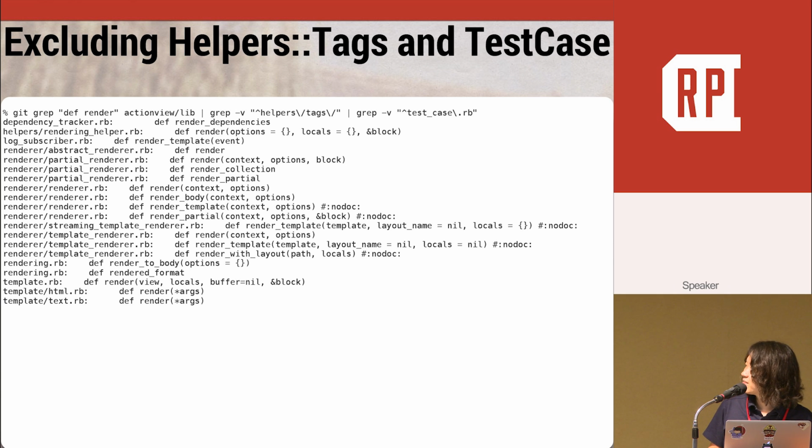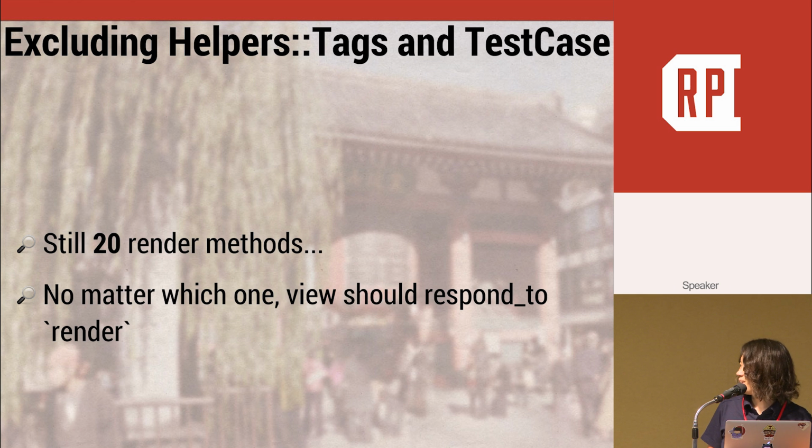This still remains 20 render methods, but anyway, now that we know there's a method called render, I guess it can use, yeah, the view should respond to render method. So maybe something like this.